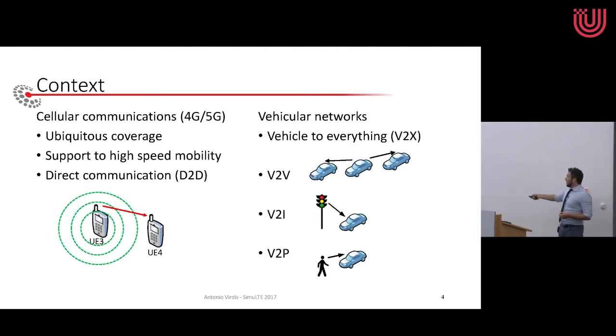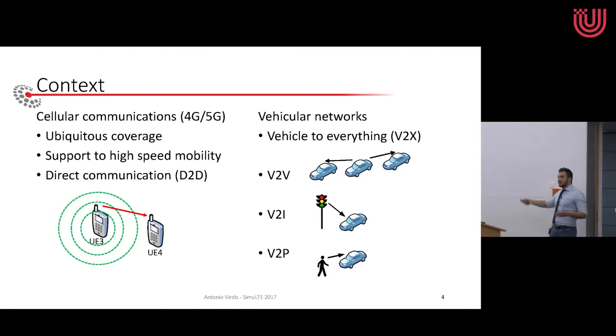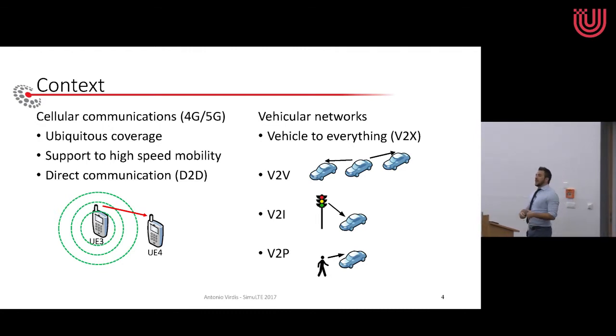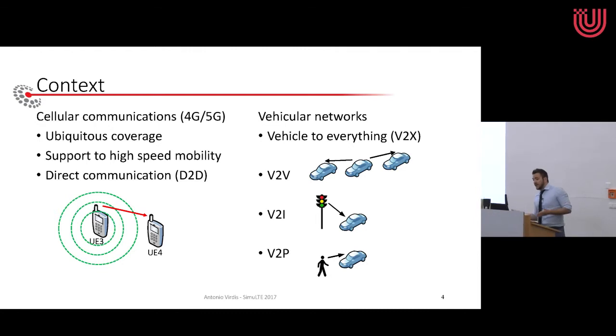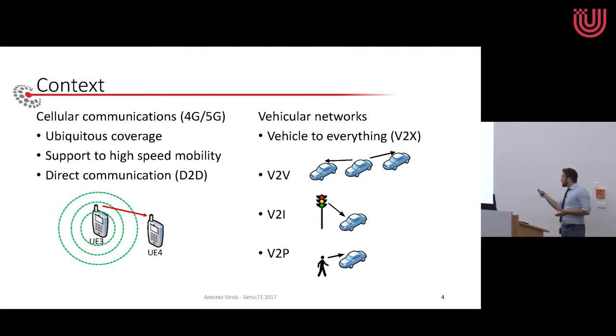Most of these things were a lot clearer in the video we saw thanks to Benjamin at the very beginning. So the basic idea is that we have vehicles that have to communicate with a lot of elements around them, and they are at least one of the endpoints of such communications.